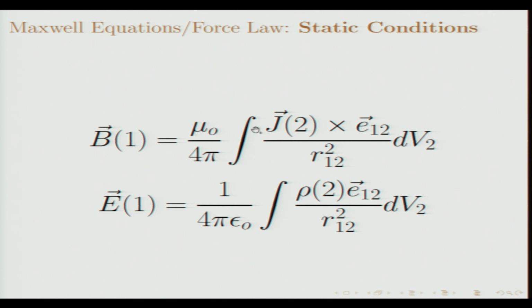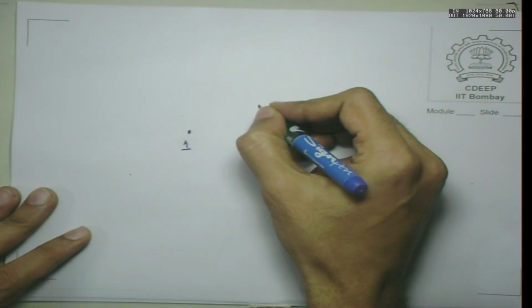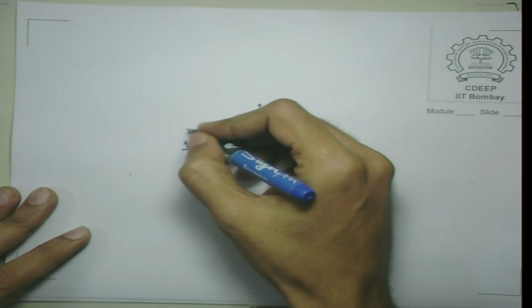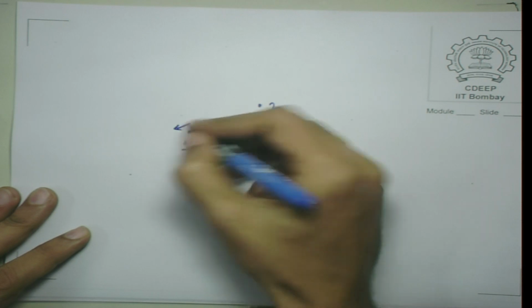and you integrate over the area in which current exists. So, you will integrate J cross E12, where E12 is the vector which you have defined before, the unit vector with the arrowhead at point 1. I will just go to the slides to make sure. So, B at point 1 due to a current at point 2, this E12 vector is in this direction, it is a unit vector.